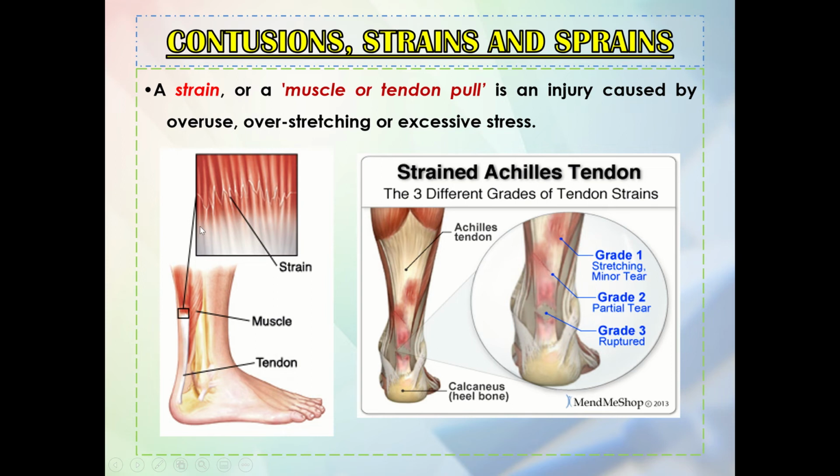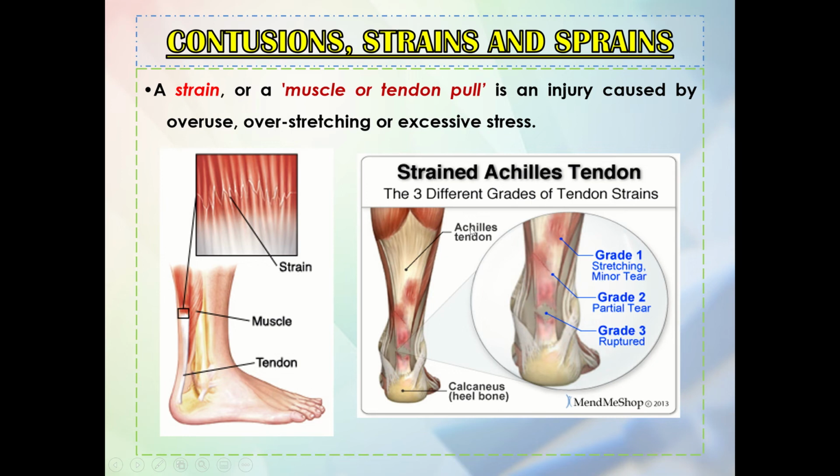So, pag zoom natin, nagkaroon tayo ng strain, somehow parang na-overstretch or nagkaroon ng stress dito sa part of the muscle in this image. Now, dito sa second picture natin, we have here a strained Achilles tendon.